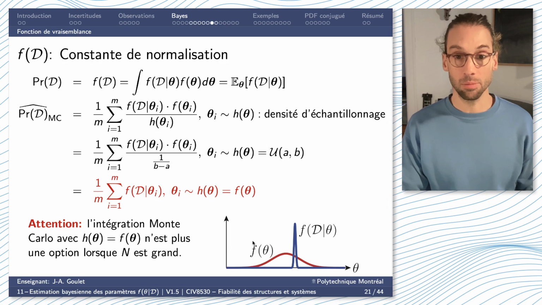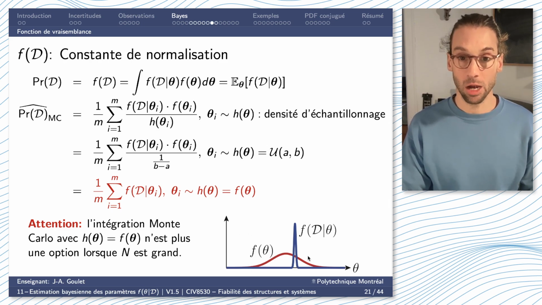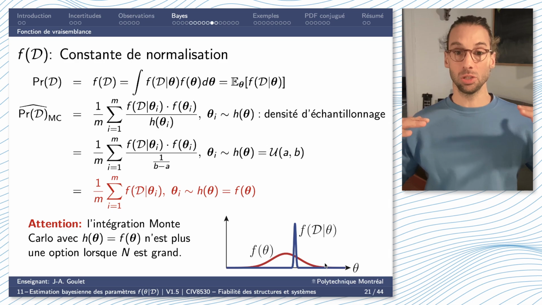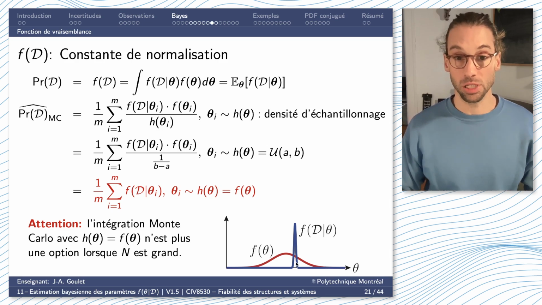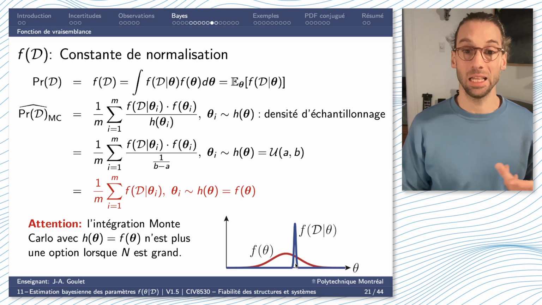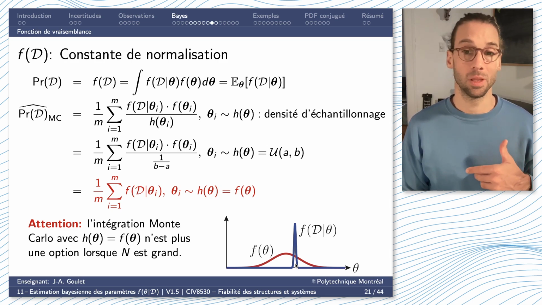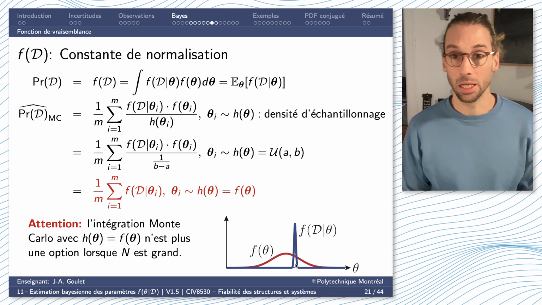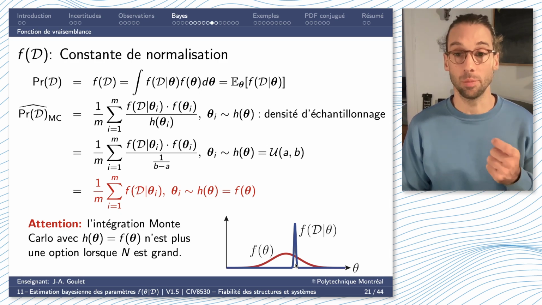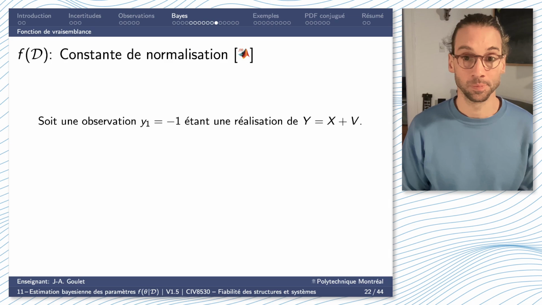So if we sample f of theta in our prior here, which is fairly diffuse, very few of those samples are going to end up in that high probability content region. So our sampling is going to be highly inefficient. We're going to need an extremely high number of samples to obtain a good accuracy with our sampling.